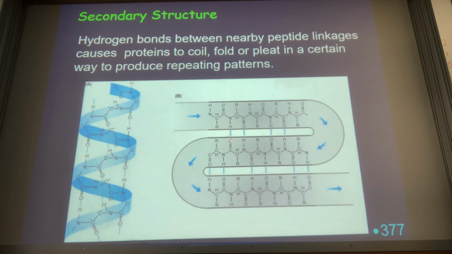It can link up with a C double bond O, the oxygen there, from a nearby peptide bond and form a hydrogen bond. You get repeating patterns of these hydrogen bonds formed up and down the chain to get repeating patterns of protein structure.